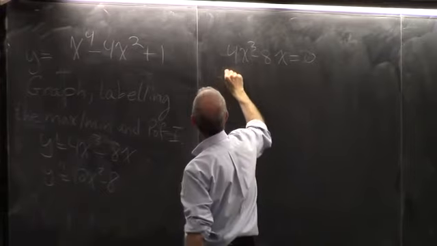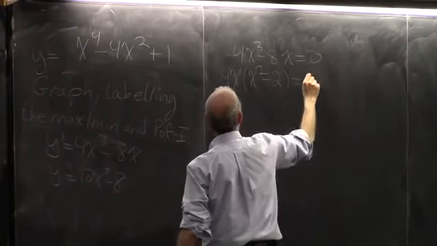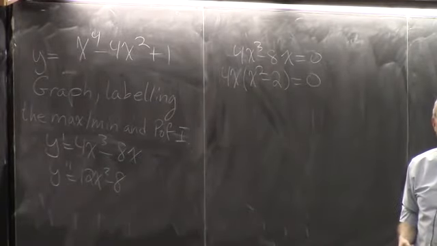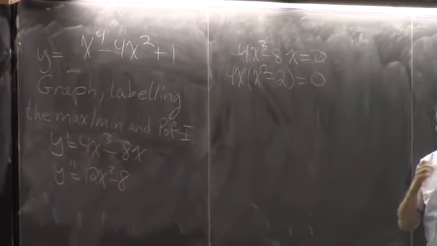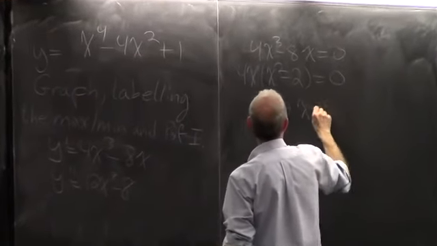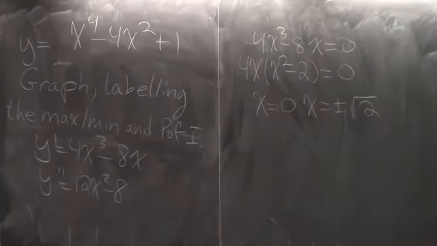You can factor out a 4x. You end up with x squared minus 2. And you get x equals 0, x equals plus or minus the square root of 2.